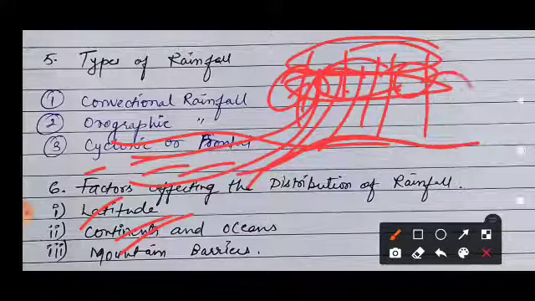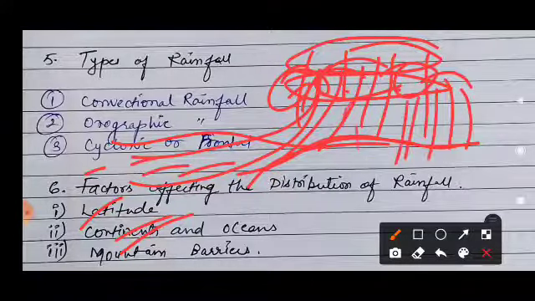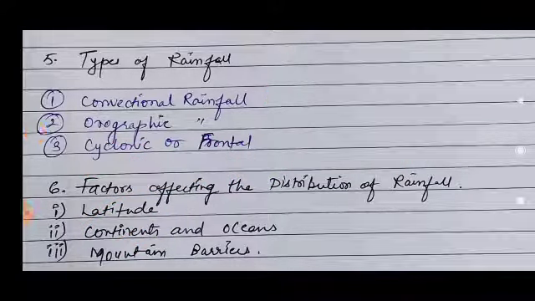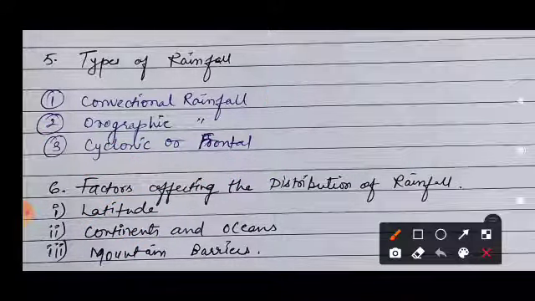When these become saturated, they come down in the form of rainfall. So this is the convectional rainfall, and these clouds are of the cumulonimbus type, because these types of clouds are responsible for very heavy rainfall. Last time we already discussed the 4 o'clock shower, generally in the equatorial region. Lightning and thundering also happen because of this convectional rainfall.